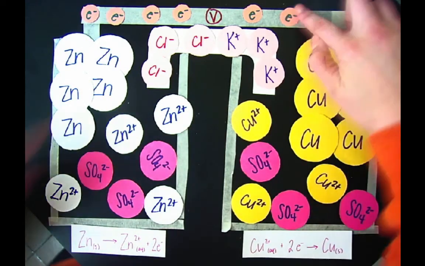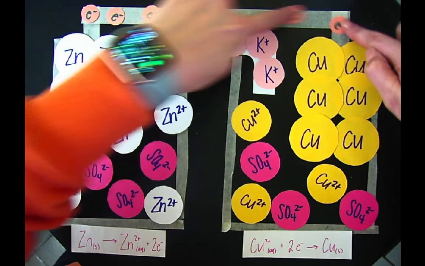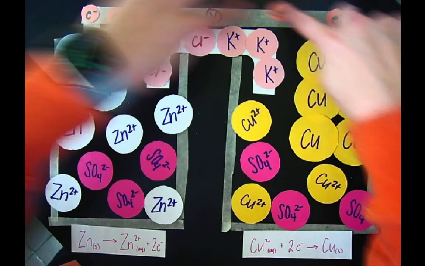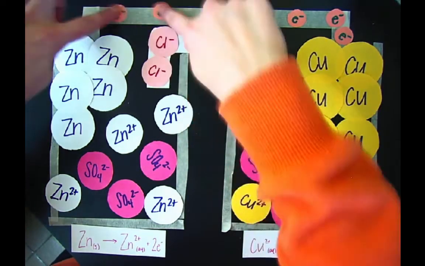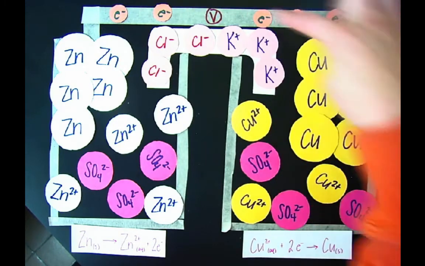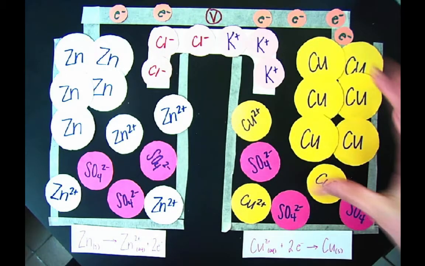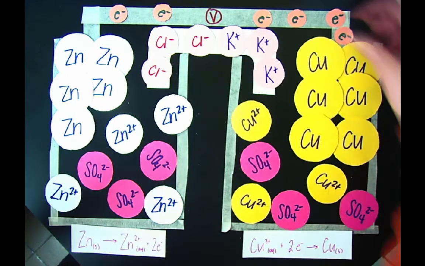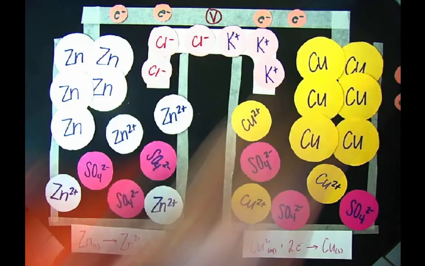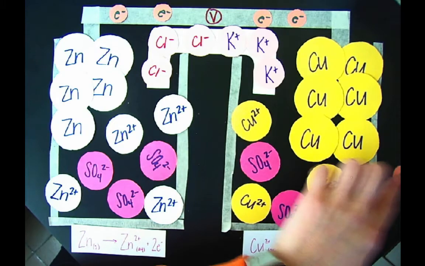The electrons are going to move through the wire down, from the anode, which is where oxidation occurs. So this is the anode half cell. The electrons will move over into the cathode, which is where reduction takes place. These 2 electrons are going to move down into the copper electrode.